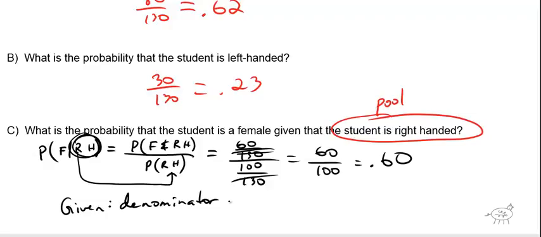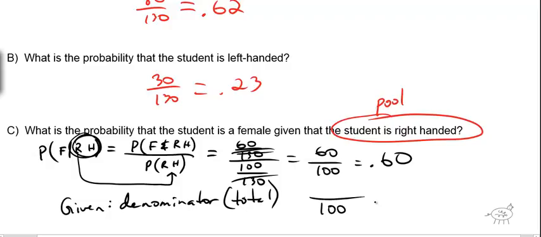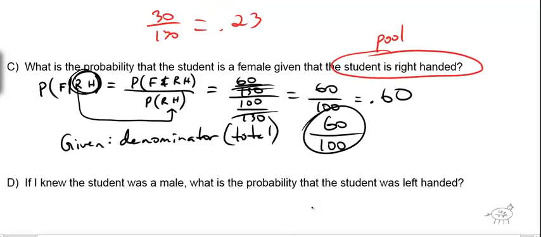That's why that given is the total. I'm telling you that the student is right-handed. So that's your total. That's your denominator, which is 100 people that are right-handed. And how many people are females that are right-handed? Well, it's 60. Okay? Not bad.